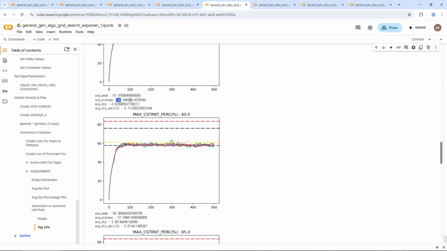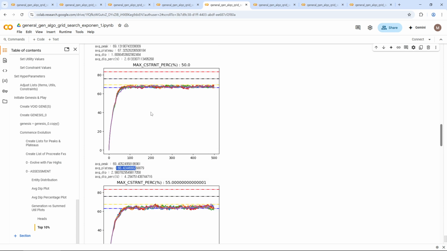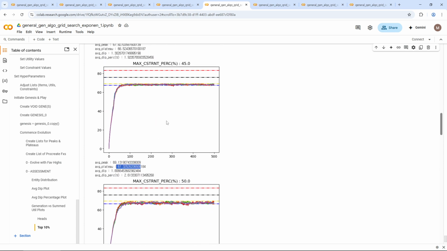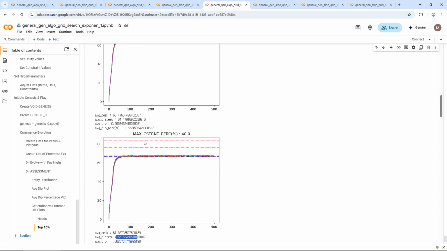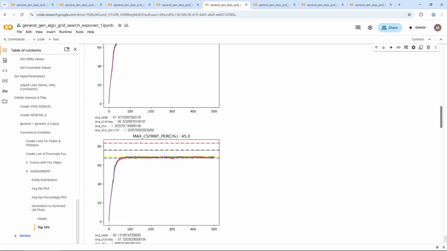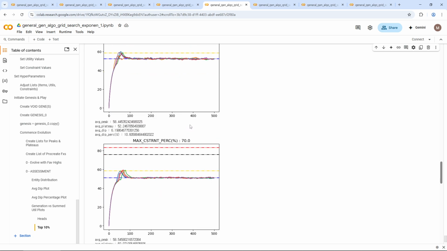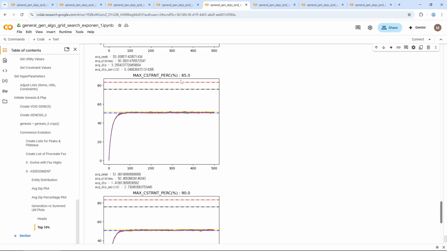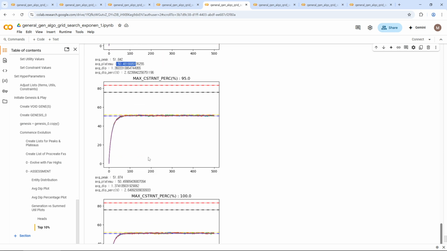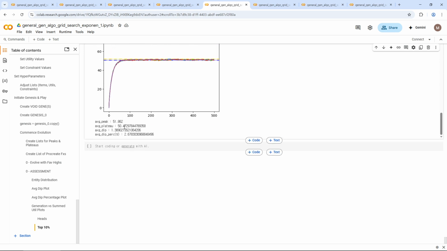Yep, 57, 62, 66, 67, 66, 64. And when the maximum constraint percentage is at 85, 50, 50, 50, 50.